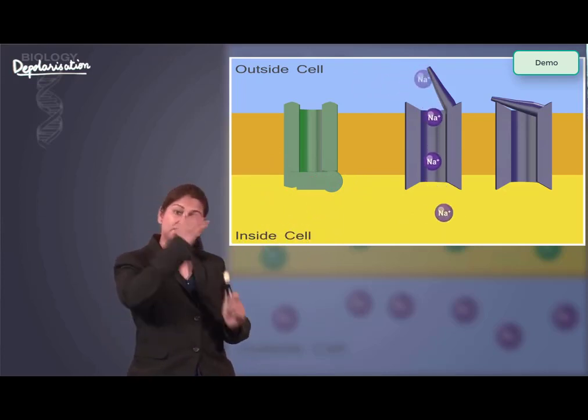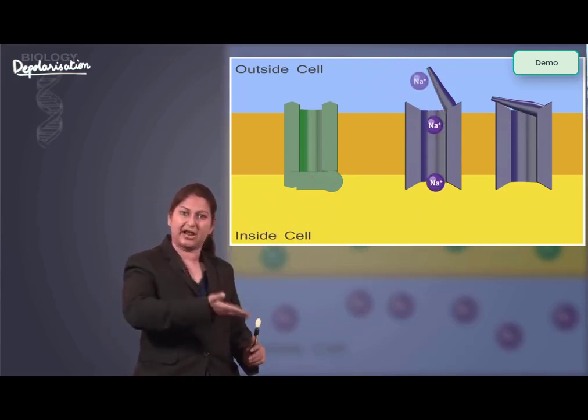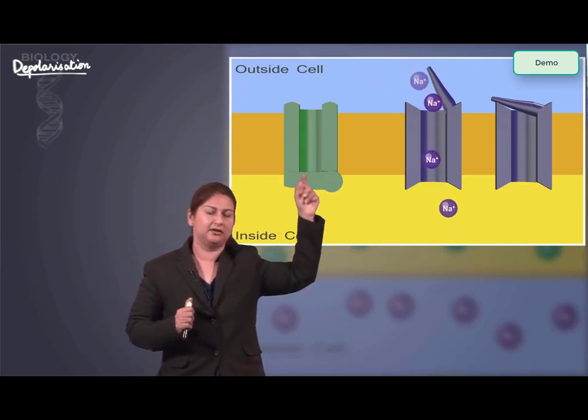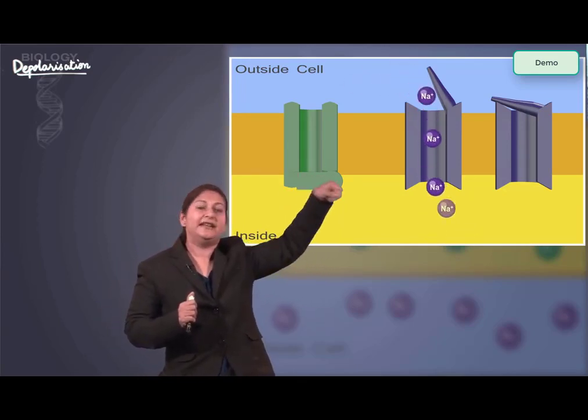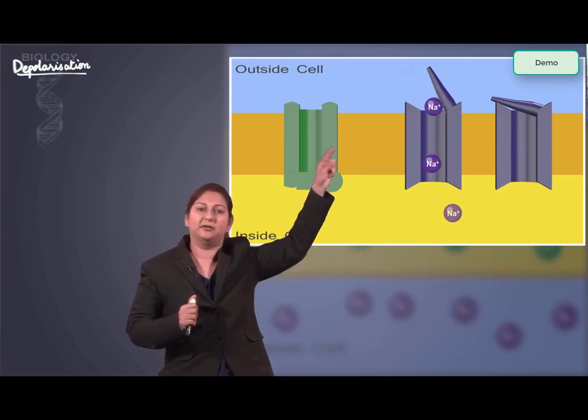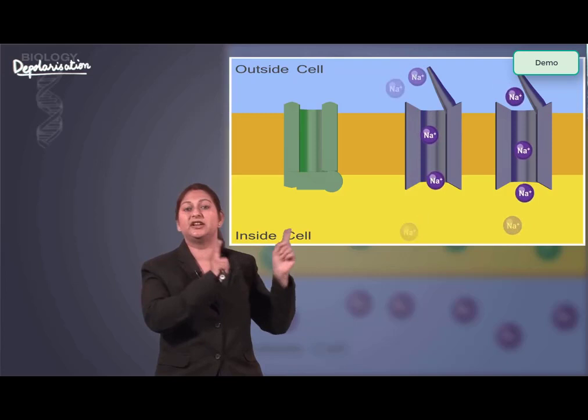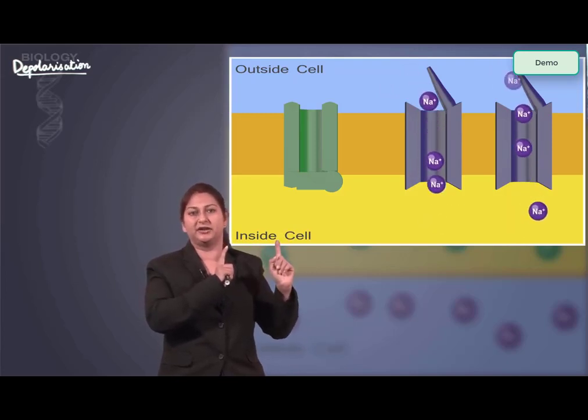Because of the rising positivity, the positive electrical signal, the next adjacent sodium gates are opened. It is because of the change in the electronegativity, correct?